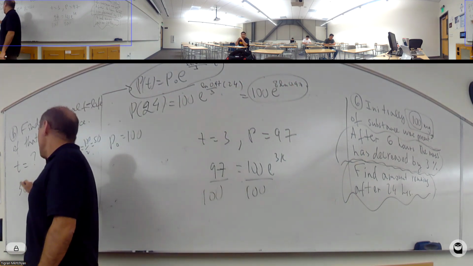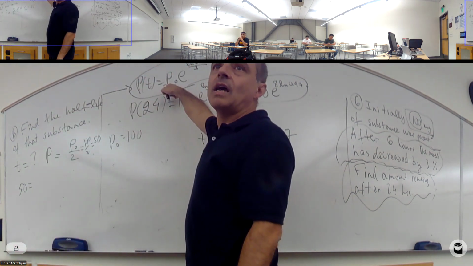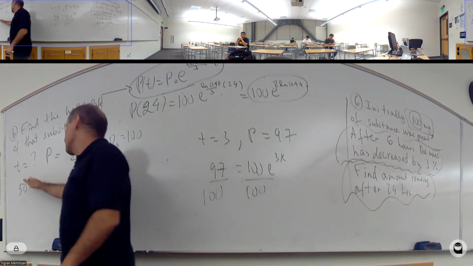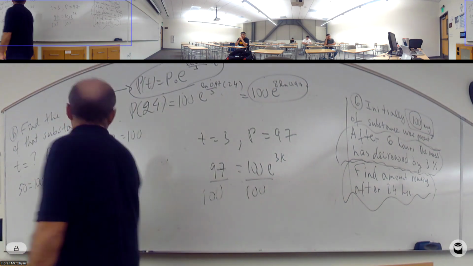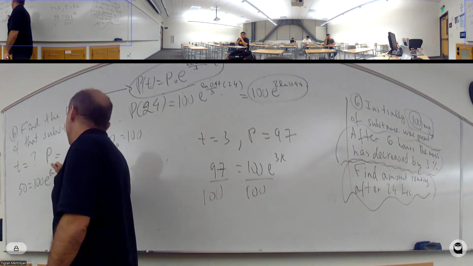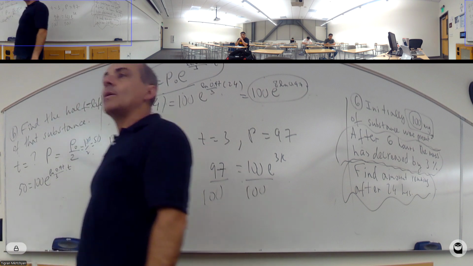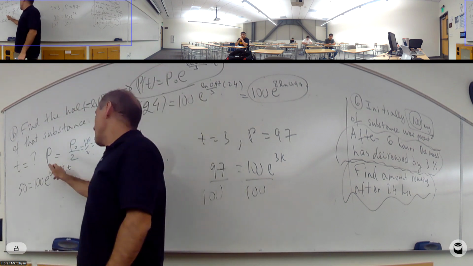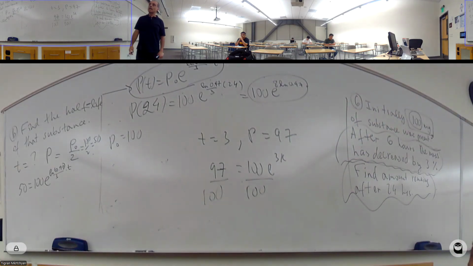So we have 50 equals, and then here, again, P0 is 100, because we had it, times e to the ln of 0.97 over 3 times T that we want to find. Then what do we do?